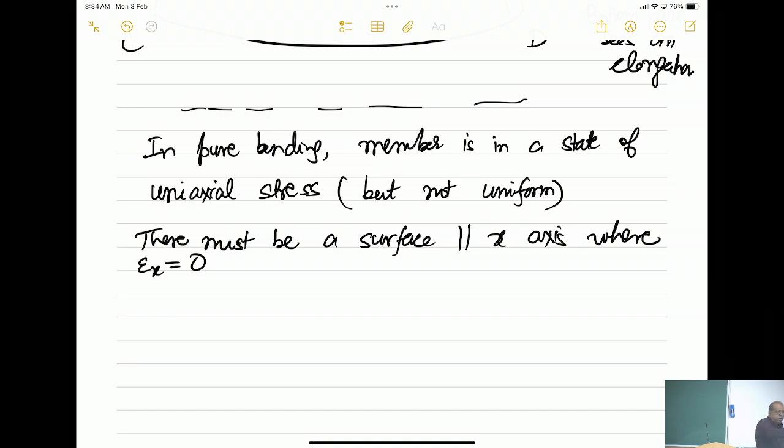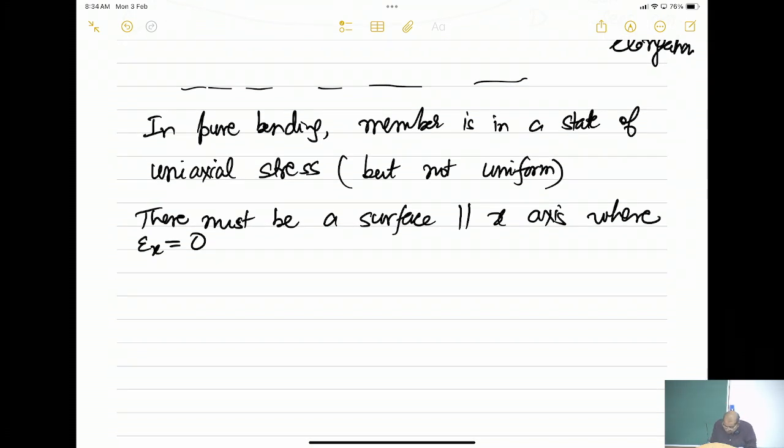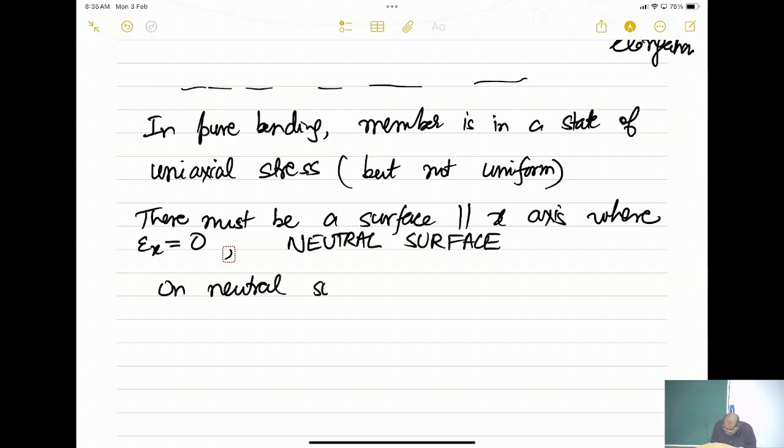So there must be some part where epsilon x must be 0, and we call this surface as the neutral surface. And on neutral surface, sigma x is also equal to 0, because epsilon x is 0. So this is inelastic limit.